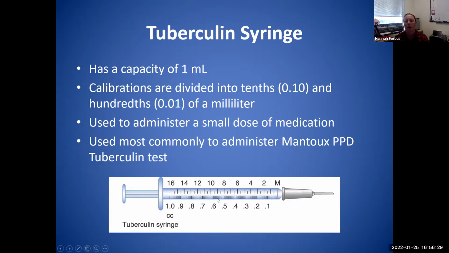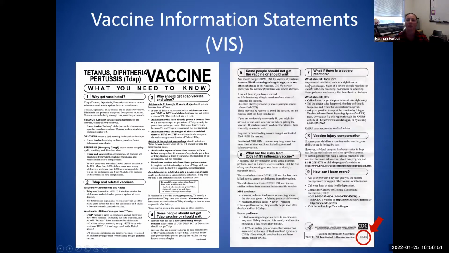So these are very small. Their capacity is 1 ml, and their calibrations are divided into tenths and hundredths of that milliliter. So we give a very small amount of medication. If we're administering a PPD, it's always just 0.1 mLs. So the syringe is actually quite bigger than we even need it to be, but they're pretty small.